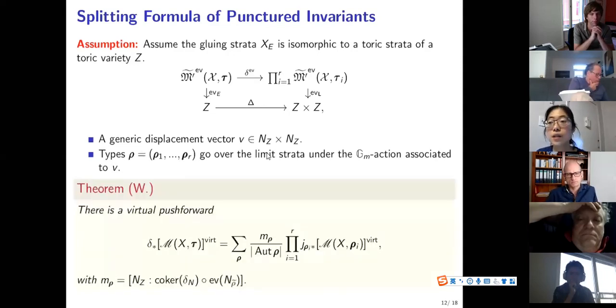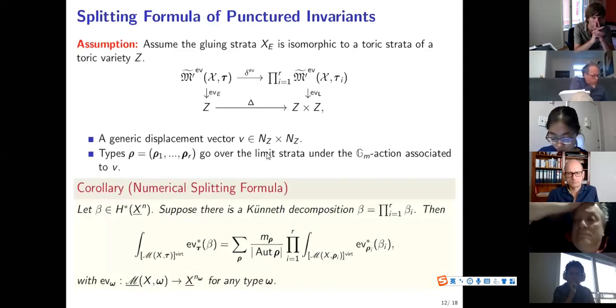Yeah, and the theorem is that there is a virtual push forward map from the moduli space of the glued types to the moduli space of the split types. And a direct corollary of this will be a numerical splitting formula.